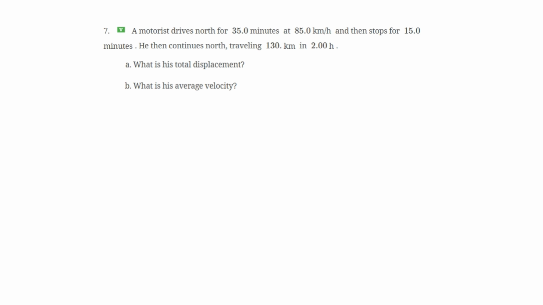A motorist drives north for 35 minutes at 85 kilometers per hour, and then stops for 15 minutes, and then he continues north traveling 130 kilometers in 2 hours. So they say, what is his total displacement and what is his average velocity?